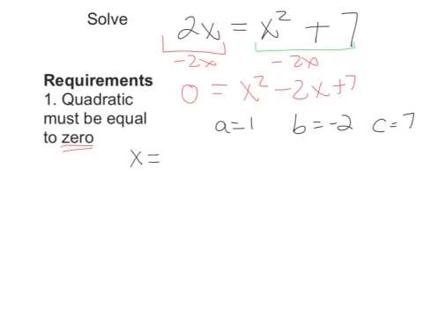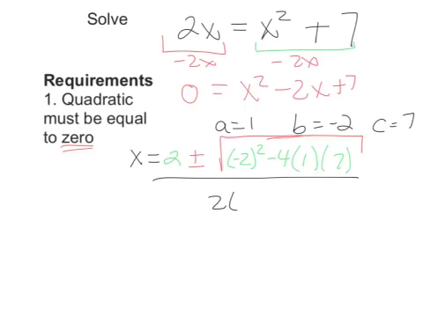So x will equal the opposite of b. So right now b is negative 2, so its opposite is a positive 2, plus or minus the square root of something, and that's going to be b squared, so that's negative 2 squared, minus 4 times a times c. And that's all going to be divided by 2 times a, which in our case is 1.